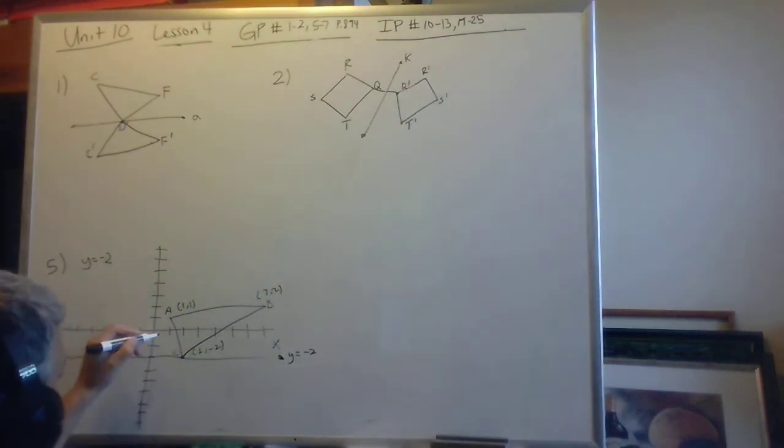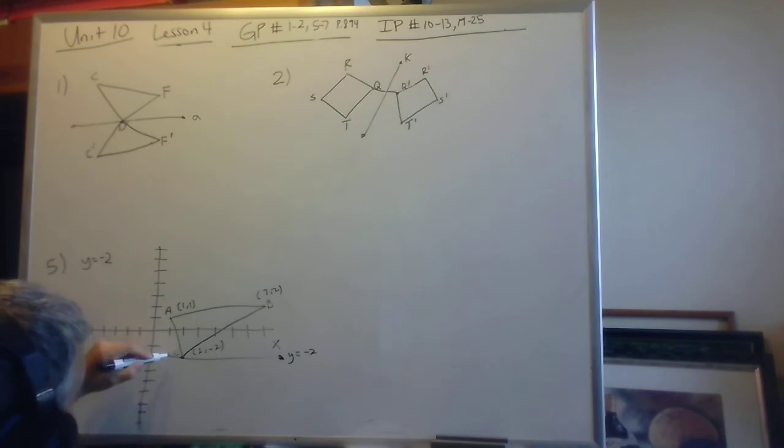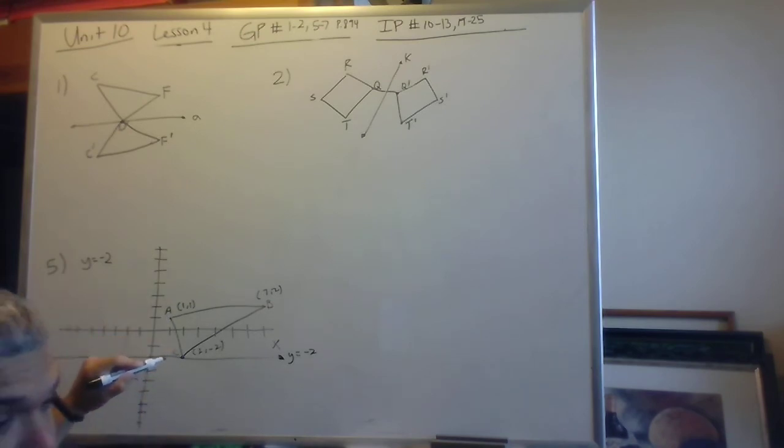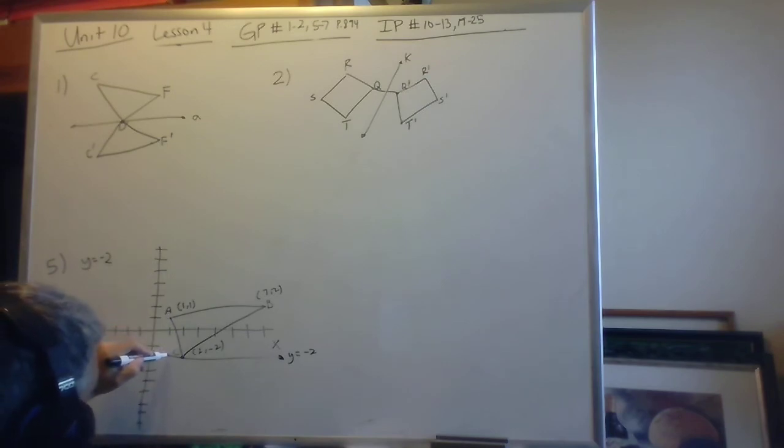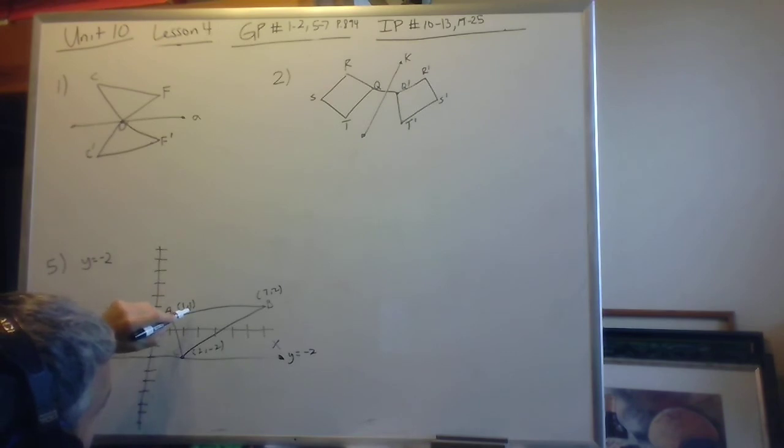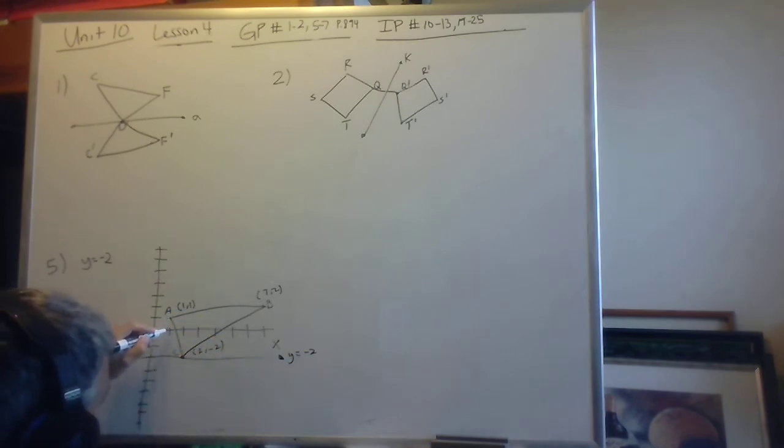And then since A is at 1, 1, we're going to count how far it is from the line of reflection, or y equals -2. So that's 1, 2, 3 from A to y equals -2. So we're just counting the y distance. So if we're at 1 and this is at -2, it's 3 units away.